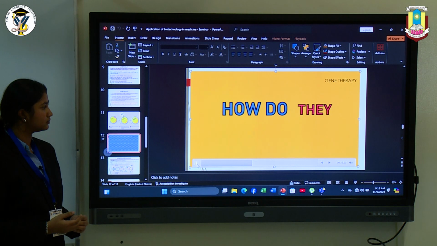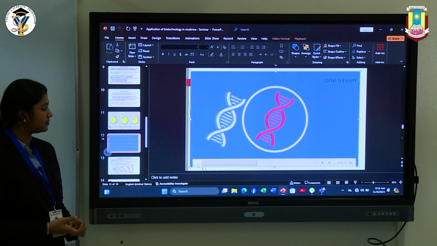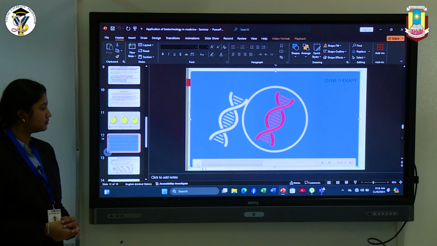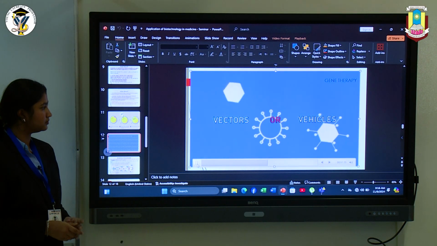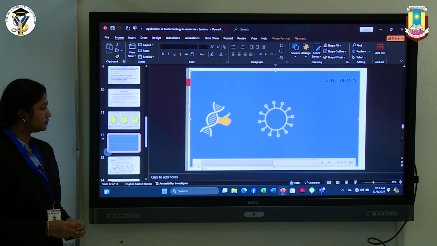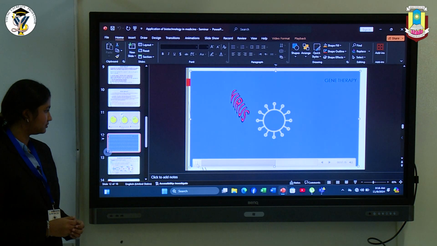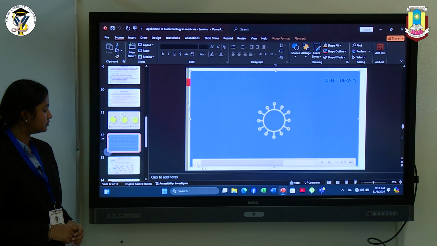How do they do it? Say scientists want to add back a healthy copy of a gene to cells. They need an efficient way to do it. So scientists use vectors or vehicles to deliver a gene. The healthy gene hitches a ride in the vector. Viruses are one kind of vector. Scientists modify a virus to remove its ability to cause a disease.